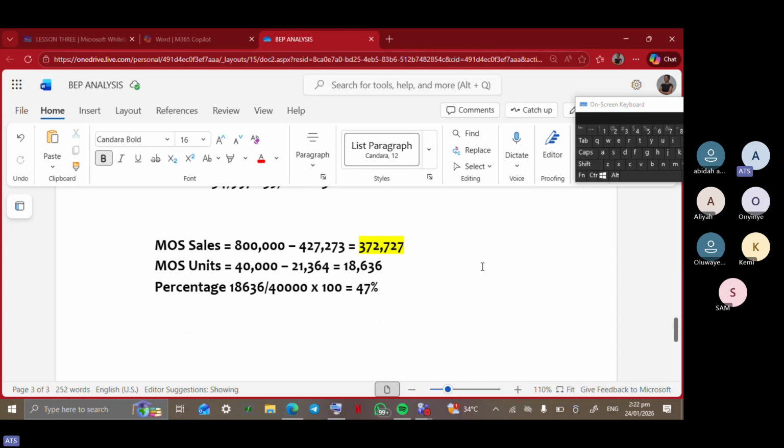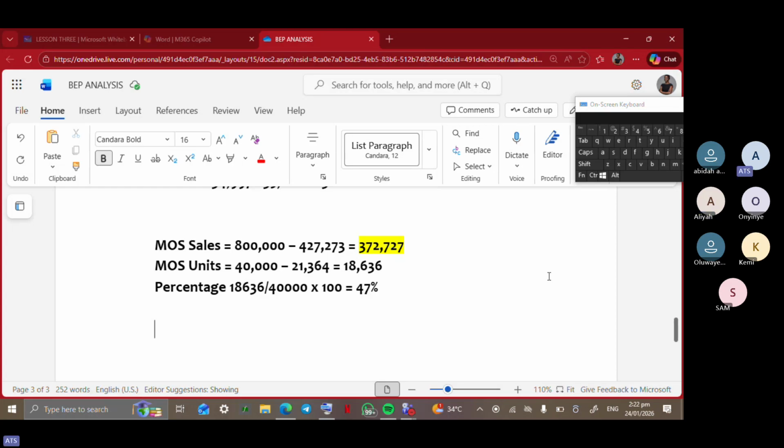So should we move to the next question now? Yes, ma'am. The next one says determine the number of units to sell in the current year to achieve an after-tax profit of 100,000. Very good. So now we have reached the point where they're asking for after-tax profit.